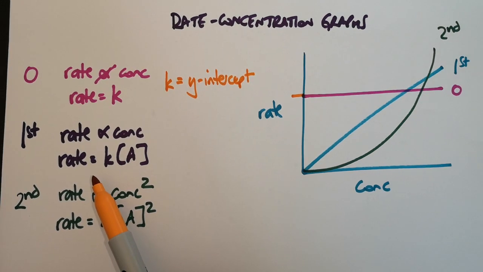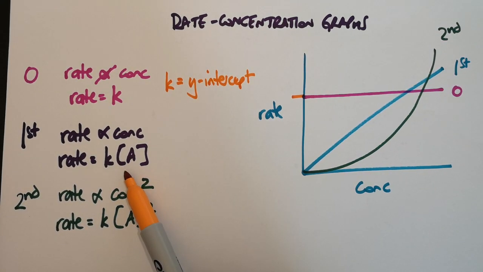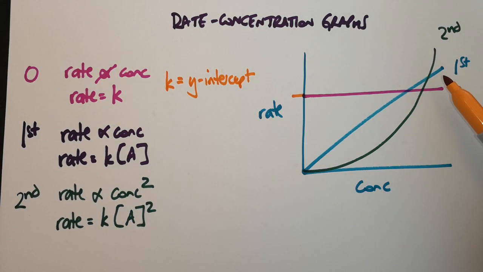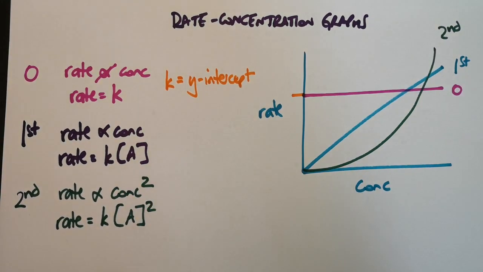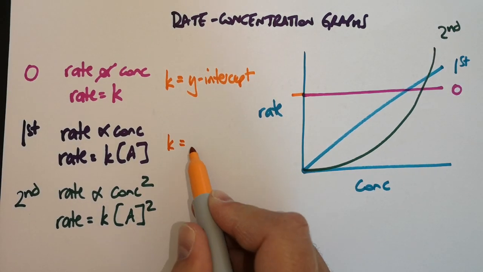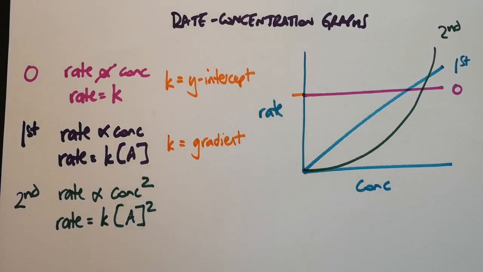If you look at first order, rate equals k times the concentration. Well, actually the first order reagent here is a gradient. So if you divide the gradient by concentration like this, you actually get the value of k. So for a first order, the value of k is the gradient of the line.